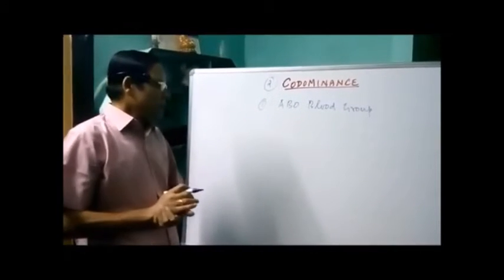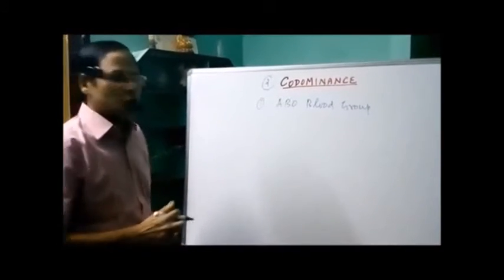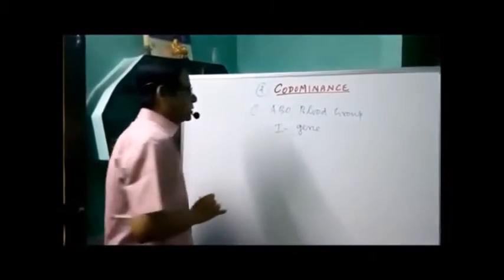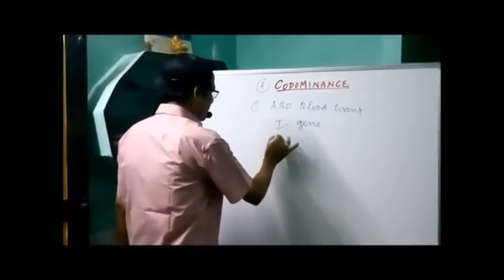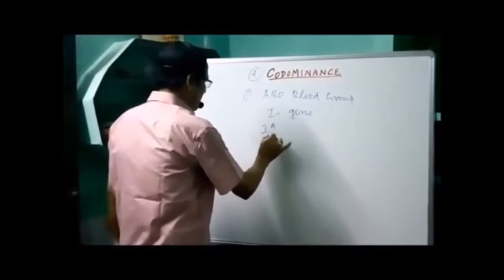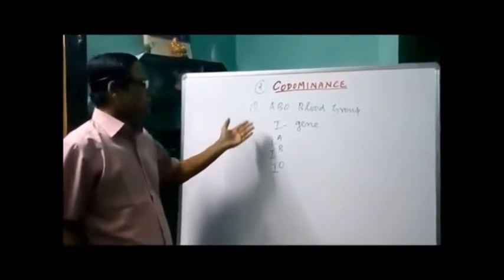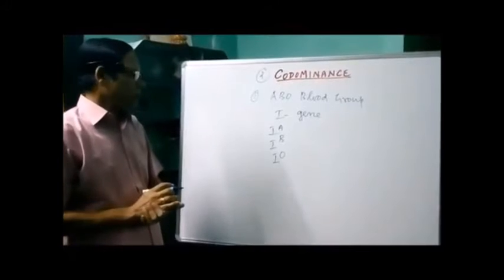A person has three alleles for a gene, the I gene. The I gene exists in three forms: IA, IB and IO. These are all the three alleles of the I gene.